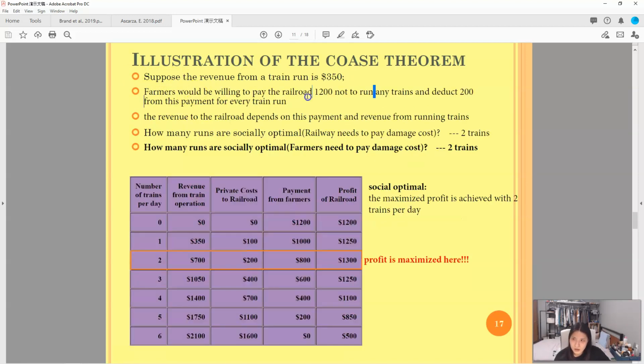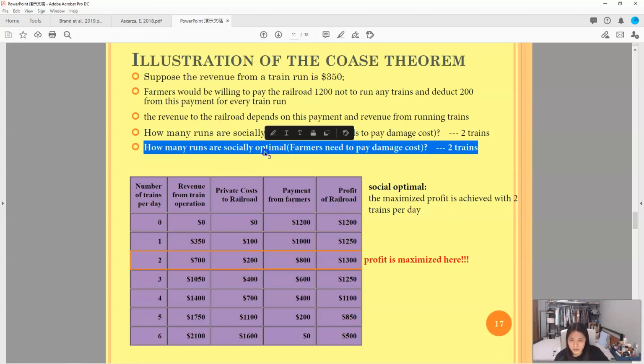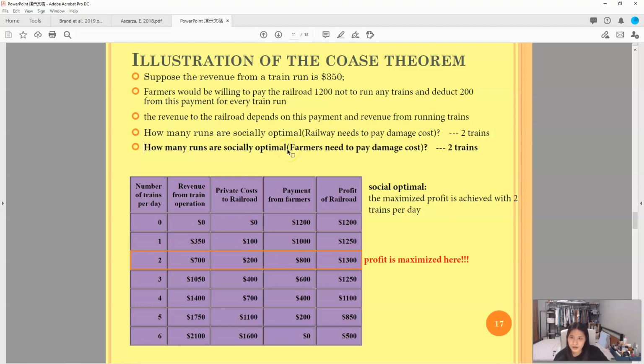And suppose farmers would be willing to pay the railroad $1,200 not to run any trains, and deduct $200 from this payment for every train run. Then, can you answer how many runs are socially optimal when farmers pay this payment?